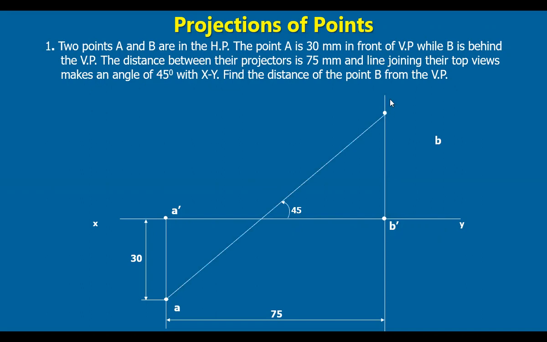This intersects this projector at a point here. This point is nothing but the top view of B. So mark B here. So B dash and B are obtained on the same projector, and the distance between the projectors is 75 mm. That's how we are able to trace the point B as well as B dash.